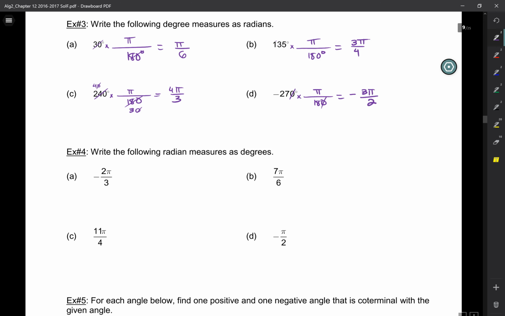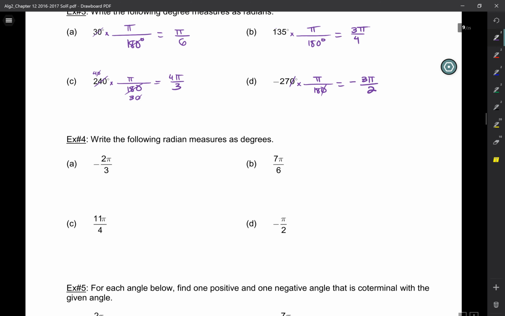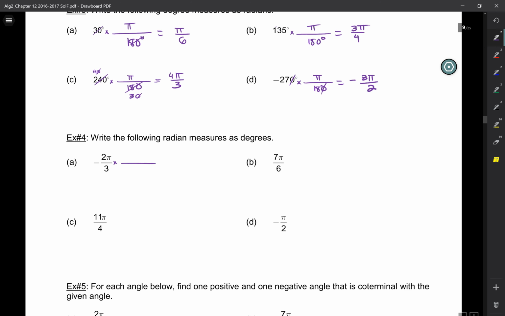Okay? All right, now take a look at these. Again, times a fraction bar. This time, look, pi is on top, pi must go on the bottom, so 180 goes on top. All right? And so how much is this one? Pi's cancel out.